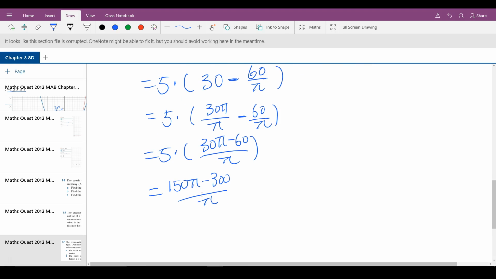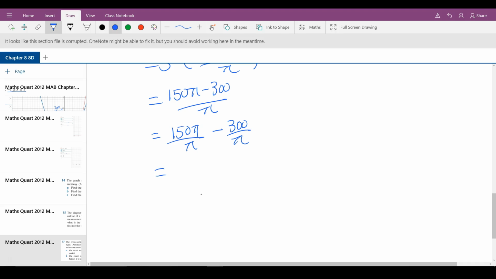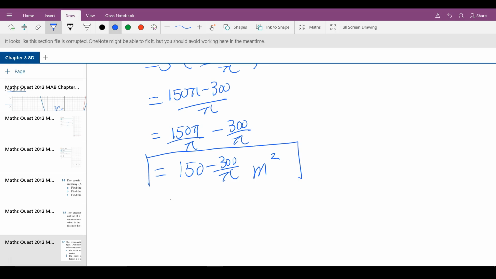Right, and then we can split the fraction again, pi over pi minus 300 over pi. So that is just 150 minus 300 over pi meter squared. That's the answer. I didn't read the question. They wanted exact value. So this is the exact value, no decimal, nothing.